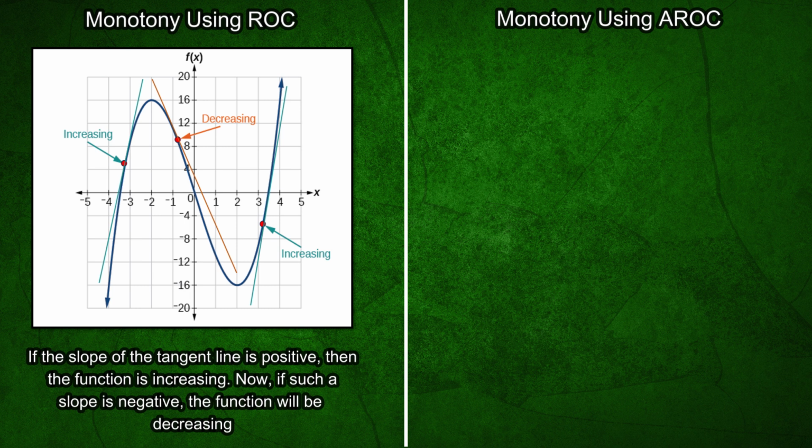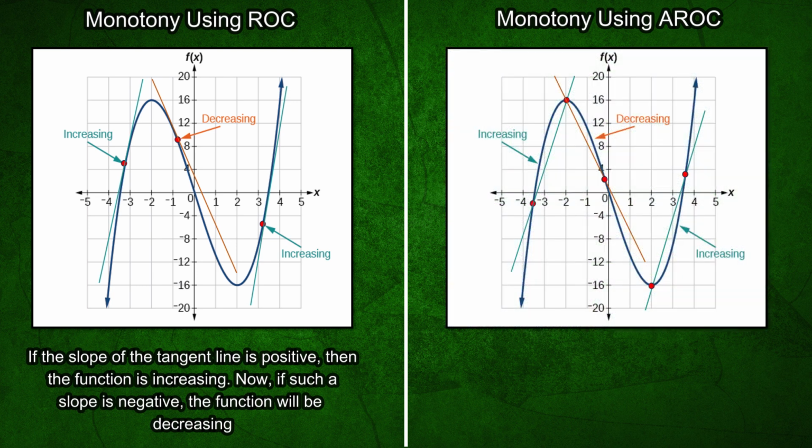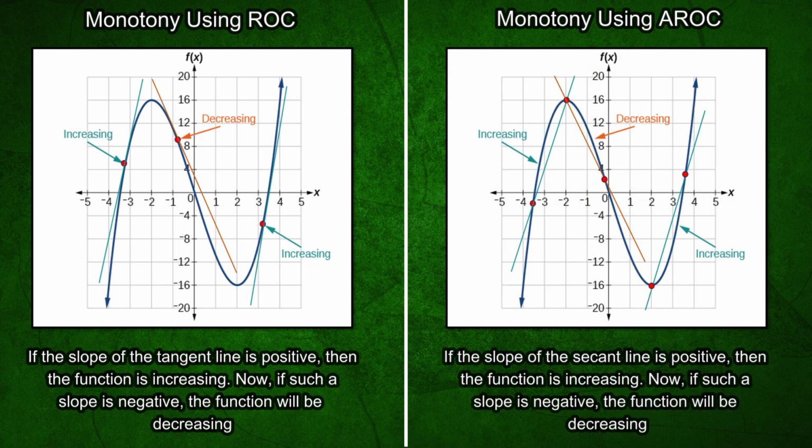Now, if we want to relate the concept of monotony with the average rate of change, we have to remember that the average rate of change of a function represents the slope of the secant line in a given interval. But the idea is pretty much the same.